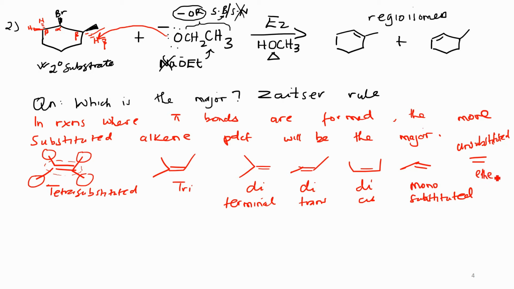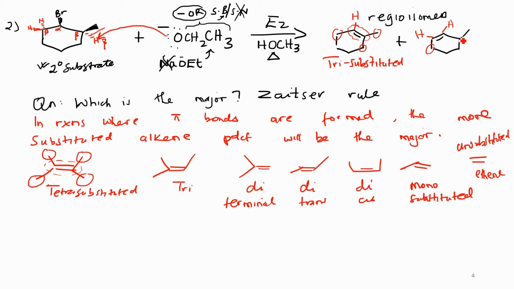We call it ethene. So looking at this one right here, I can show my hydrogen and I see that I have 3 carbons bonded directly to the double bond, so this is tri-substituted. This one right here almost looks like this di-cis, but it's a ring, so it's not cis. We don't call it cis. Here it's inside the ring. The ring is rigid.